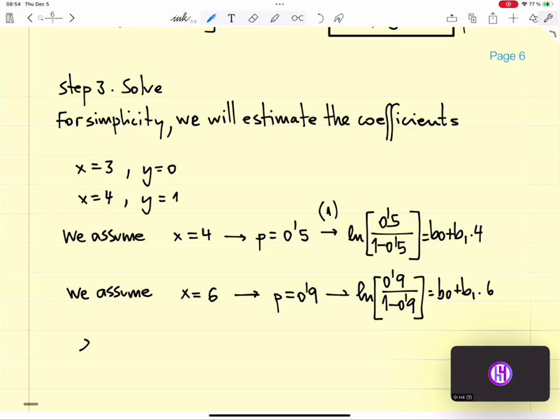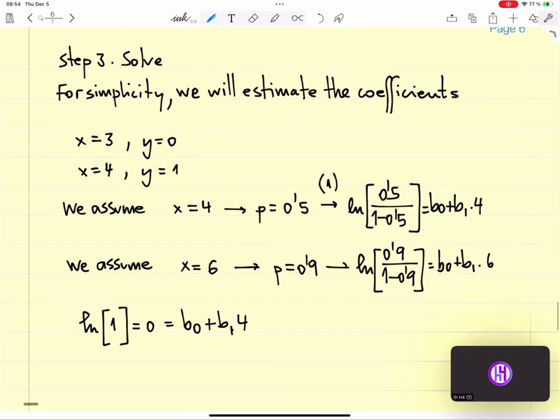So logarithm of 1 equals 0 equals b0 plus b1 times 4, and logarithm of 0.9 divided by 0.1 equals b0 plus b1 times 6.